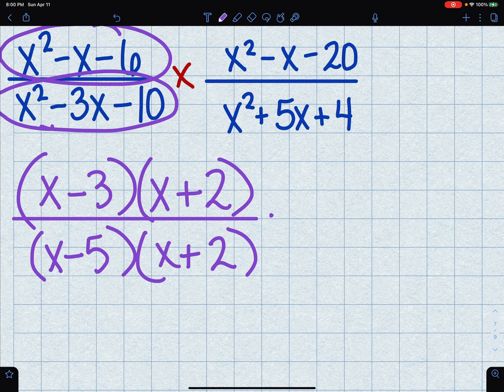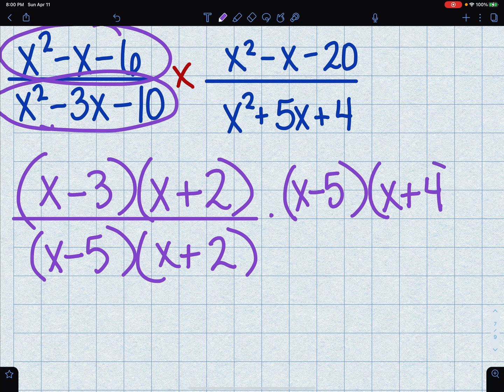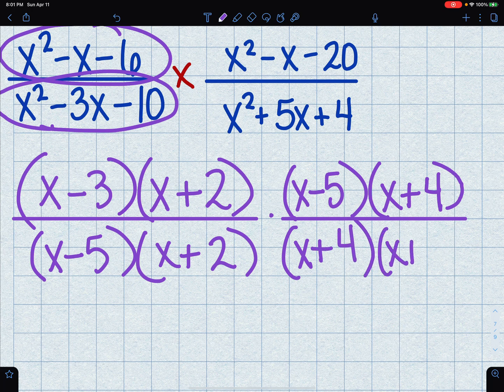Now, this second one, we're going to work on this numerator, x squared minus x minus 20. What does that factor out to? It factors to x minus 5 and x plus 4. And on the denominator, we're going to factor this guy out, x squared plus 5x plus 4, and that's going to be x plus 4 and x plus 1.